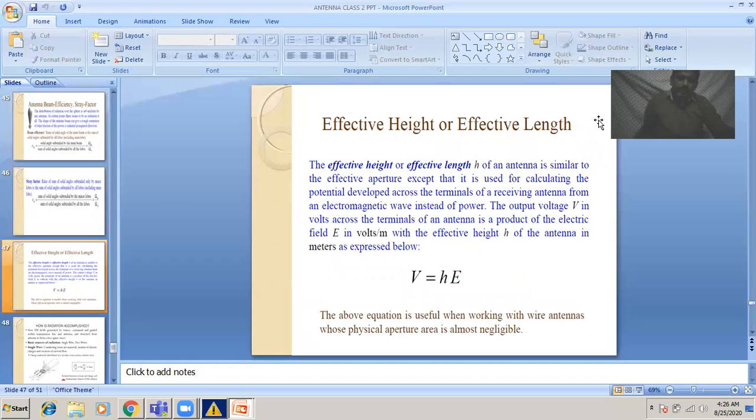Effective height or effective length. It is nothing but the ratio of the voltage received at the antenna terminals to an incident wave of electric field strength E. Therefore H equals V by E. This can be defined for a transmitting antenna and also for a receiving antenna.